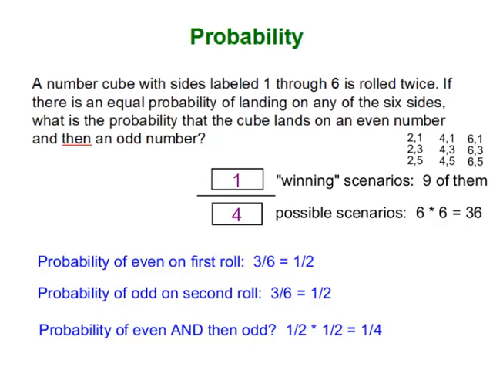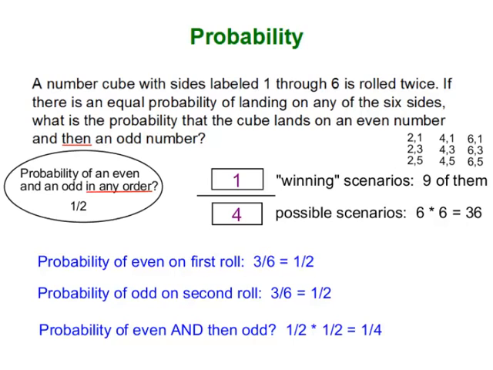And so this constriction on order lowers the probability here. So notice that if it could just be an even and odd in either order, those winning scenarios would double because we could just look at the reverse order of each one of them. That would give you 18 winning scenarios out of 36 for a 1/2 chance.